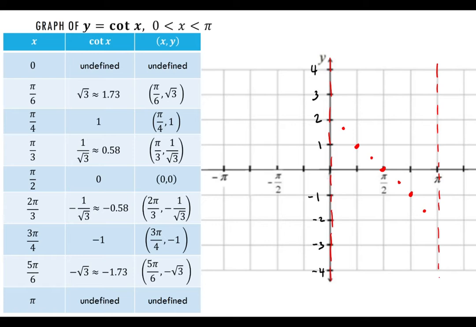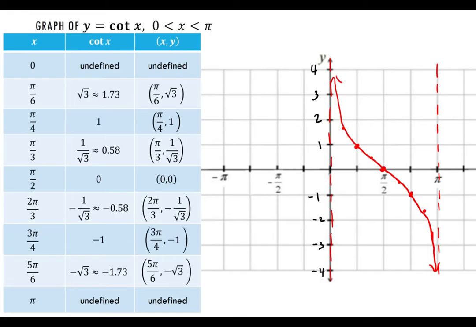Now notice that, of course, our period being pi, we're going to have vertical asymptotes at every interval of pi, but I claim that our cotangent function looks about like this. And it has that asymptotic property, that is, it approaches those asymptotes and continues forever, but never actually touches or crosses the vertical asymptote.